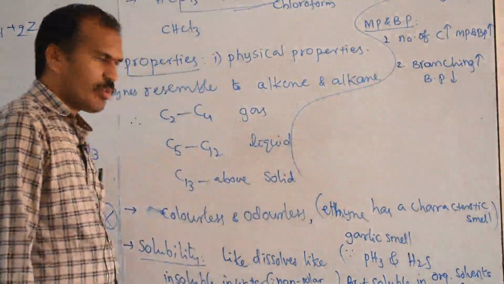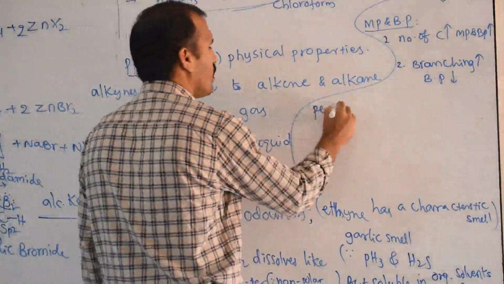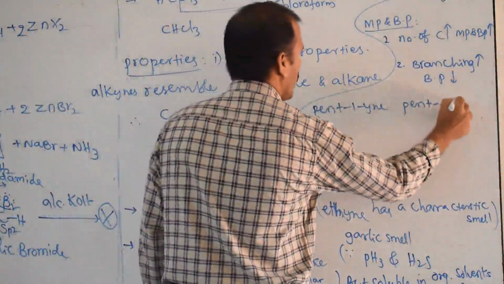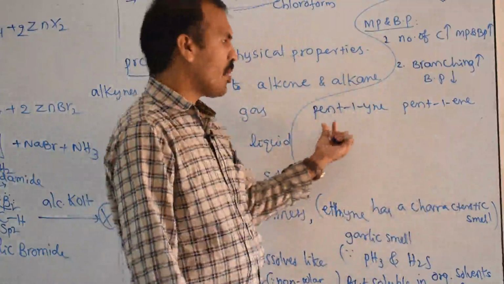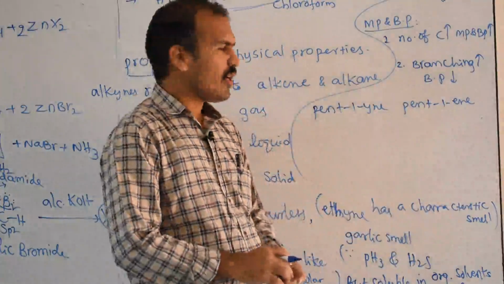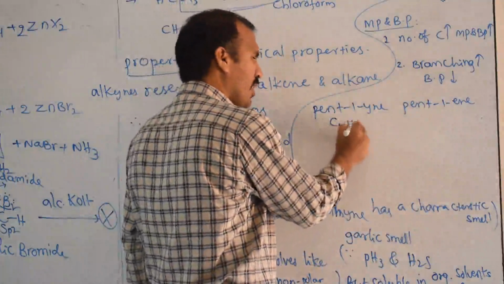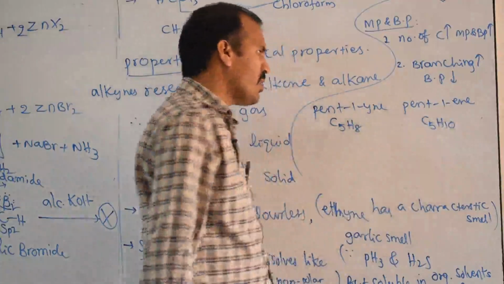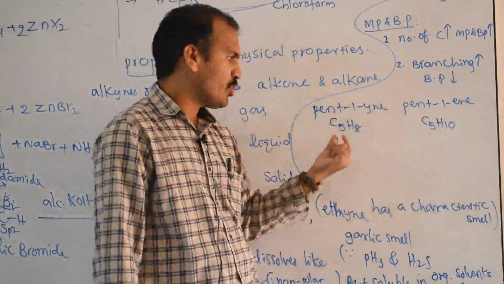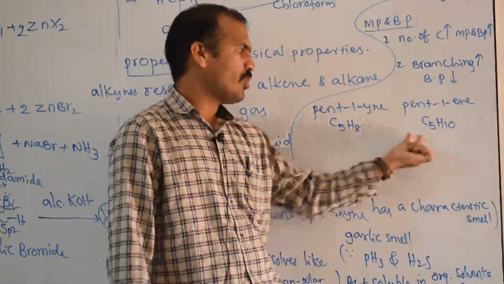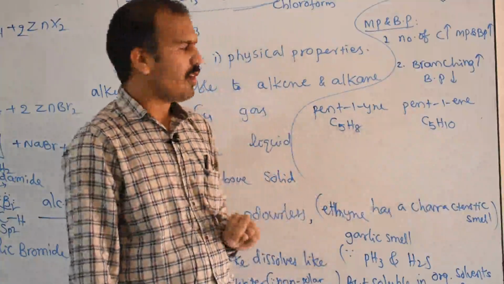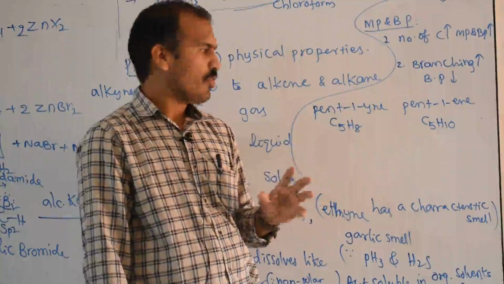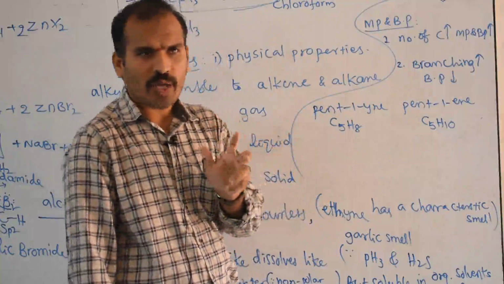Now you will get one question here: pent-1-yne and pent-1-ene. Their molar mass is nearly the same, because the molecular formula of one is C5H8 and the other is C5H10. Only 2 unified mass units differ, because only 2 hydrogens differ. When we compare melting point or boiling point in any chapter, you have to keep in mind there should be comparable mass.